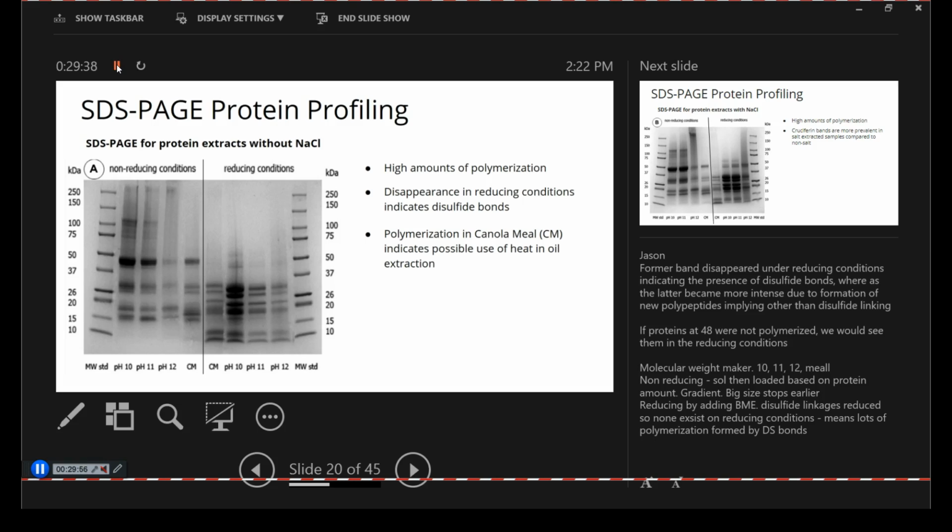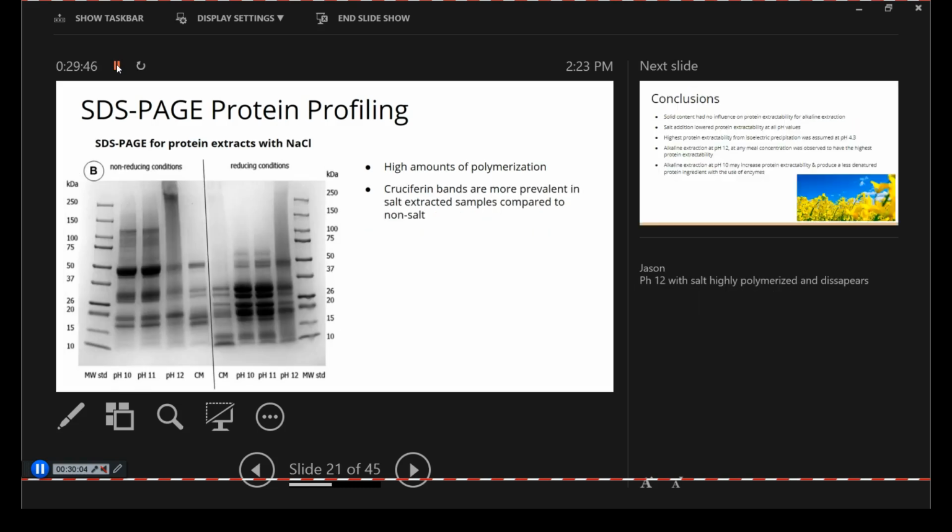Oh yeah, this one is without salt and the other one is with salt. The intensity. So the presence of salt. With and without the presence of salt. So with the presence of salt, what effect you just said could have happened earlier with high salt concentration?